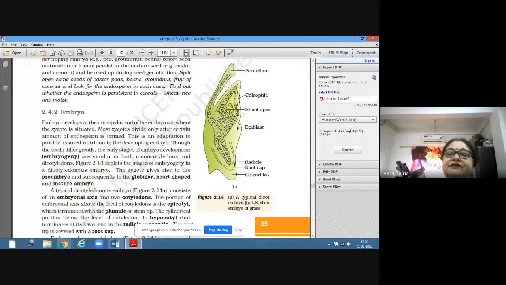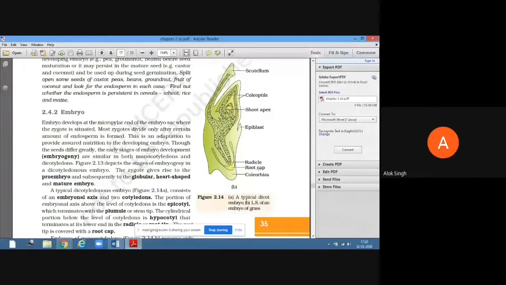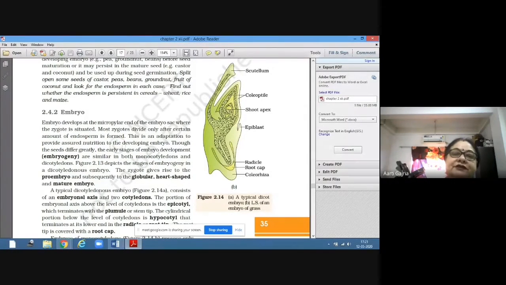Then we have discussed coleoptile. Coleoptile is enclosing the shoot apex and the leaf primordia. So this is the hollow foliar structure. And here it is the coleorhiza, which is the lower portion, enclosing radicle and root cap. Clear? So this is the shoot apex.